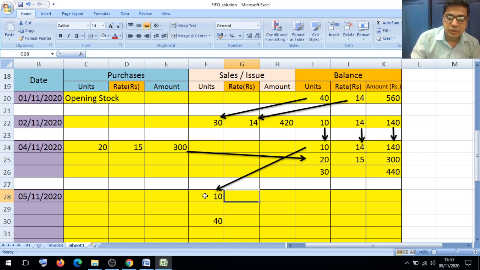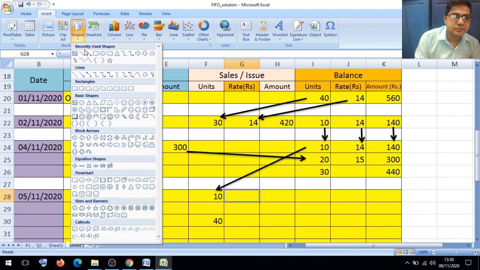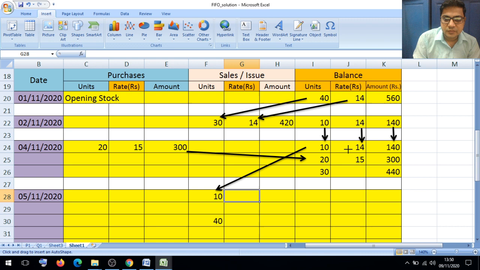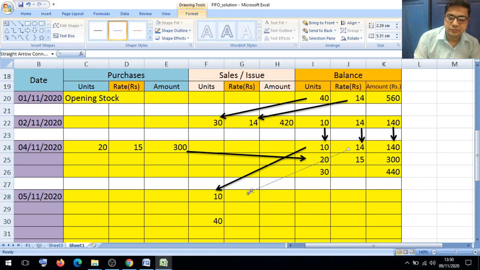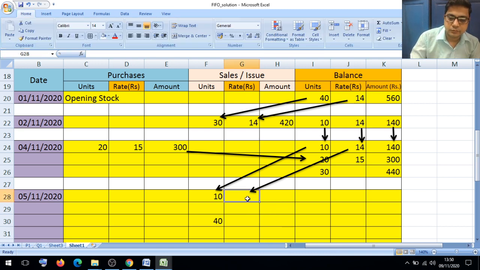Now their rate is 14, so we have to consider 14 and write it here. 10 into 14 is equal to 140.